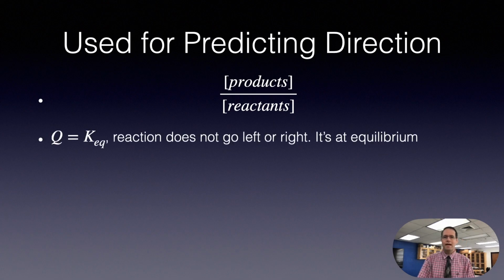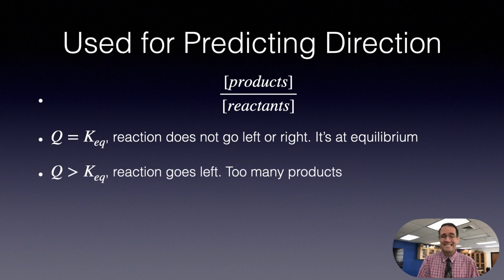So if you calculate Q and it's exactly the same number as the equilibrium constant, it means that you have the right concentration of products with the right concentration of reactants, and so the reaction is at equilibrium, and the reaction is not going to have to react to the right or to the left to reach chemical equilibrium. There's just going to be a backwards and forwards reaction as you normally always have at dynamic equilibrium.